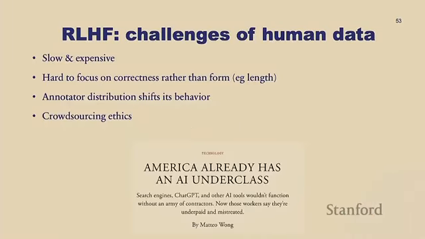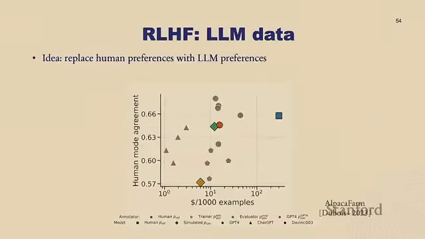Another question is crowdsourcing ethics. A lot of the labeling that is done is by people who are not paid well, and they have to go through a lot of toxic data because you want the model to avoid saying toxic things. So there are many challenges with human data.